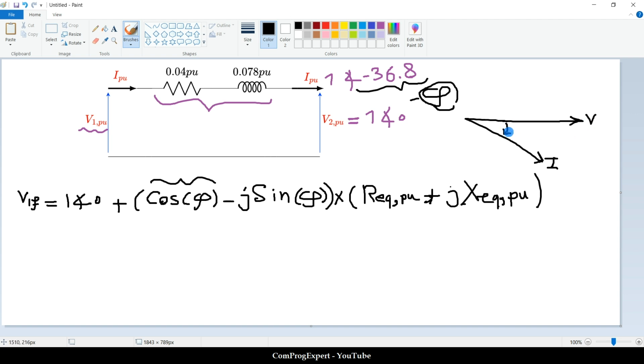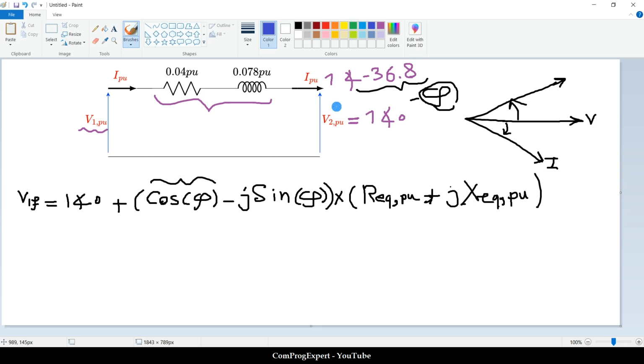Because sometimes we have lagging, right, power factor and leading power factors. So you can consider the angle in its algebraic form, positive and negative sign, or just you can consider the absolute value of the angle, the geometric form of the angle between the voltage and current. But you must consider the proper sign here.